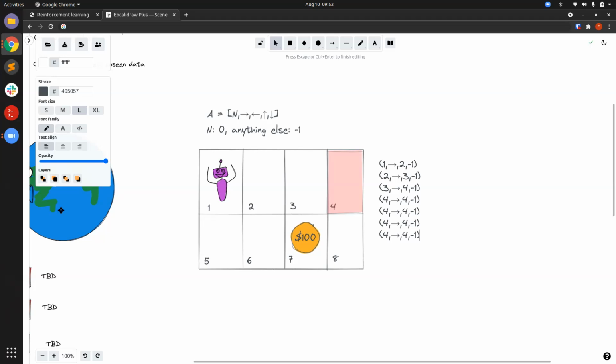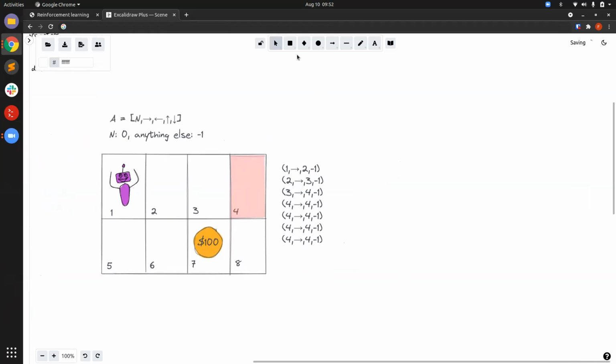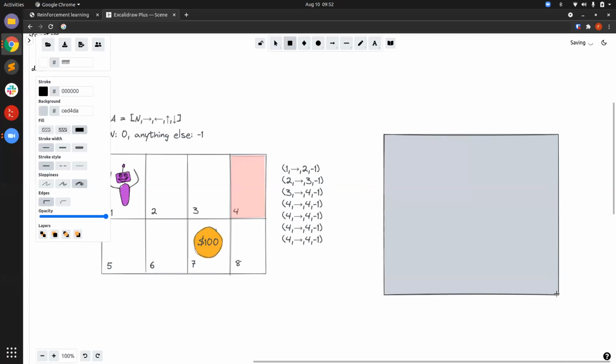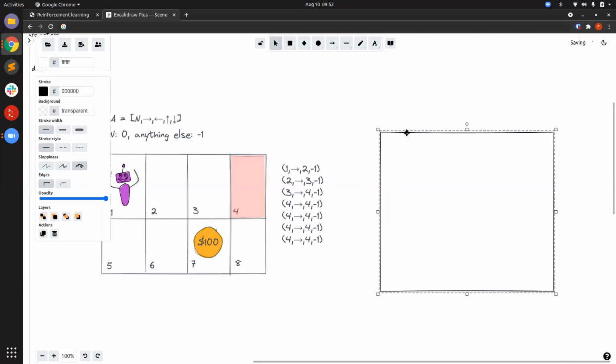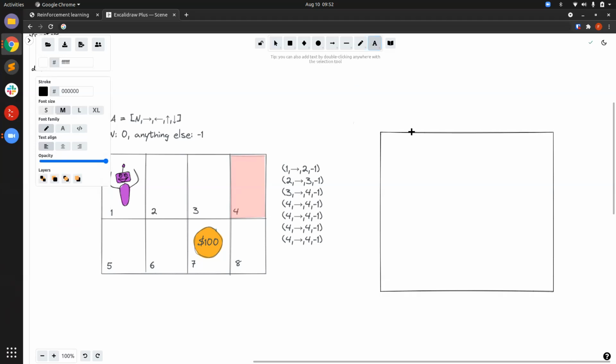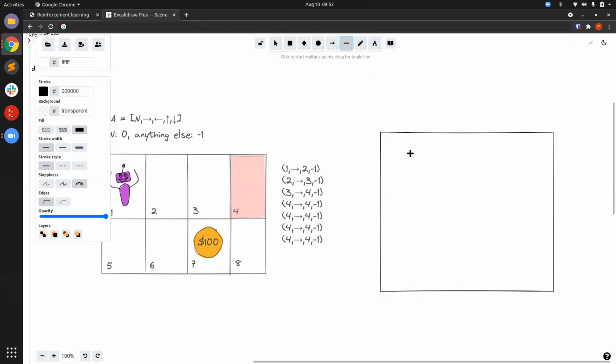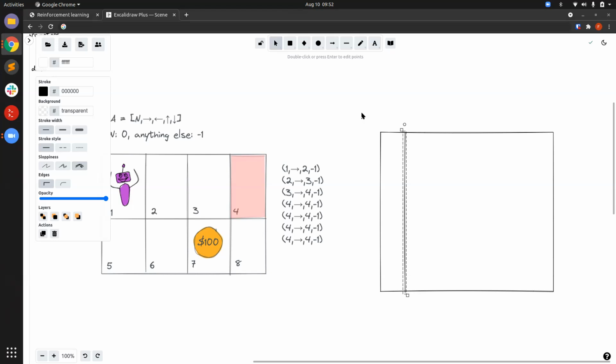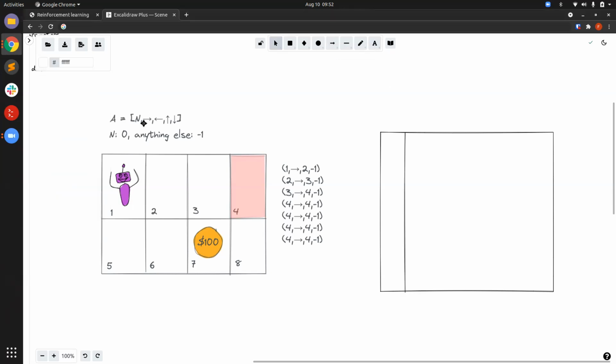Okay, so there's a suggestion. I can try and remember the state transitions and rewards at each step. So let's make a table.